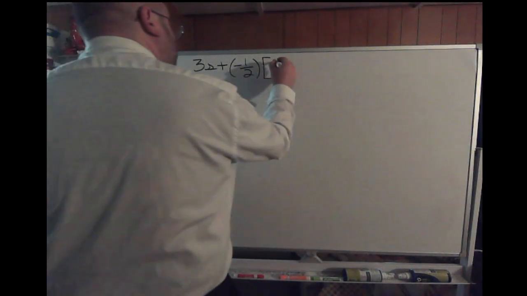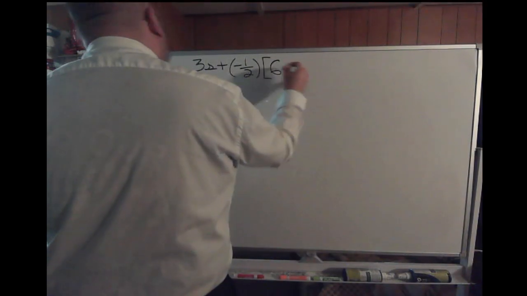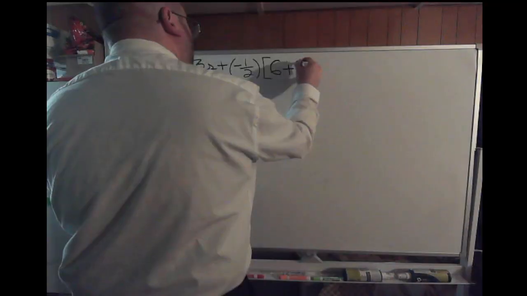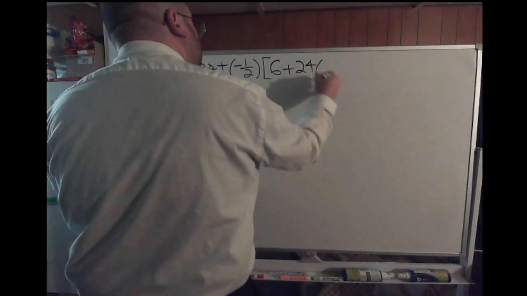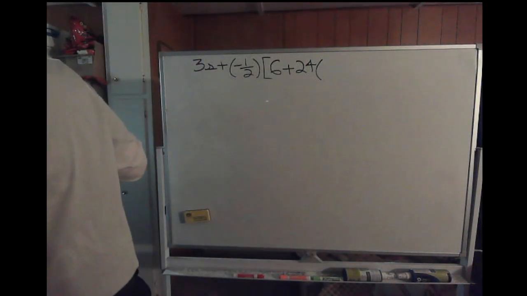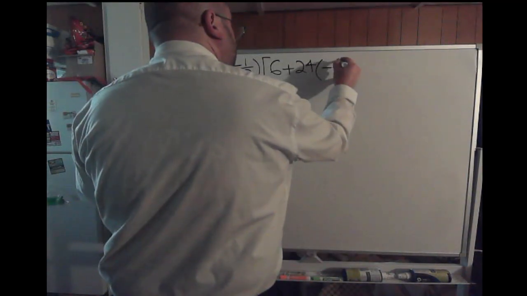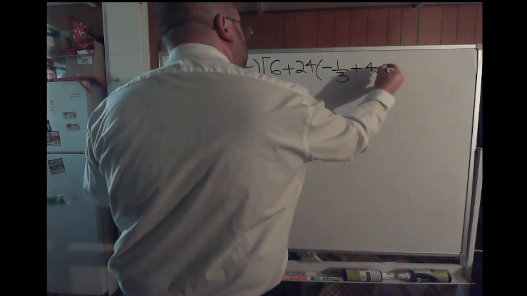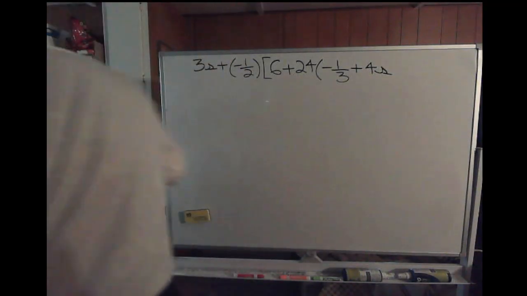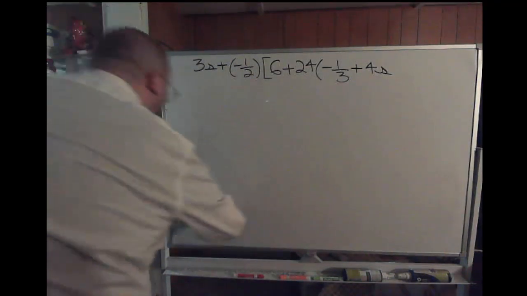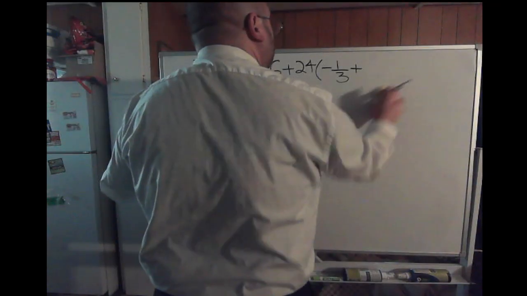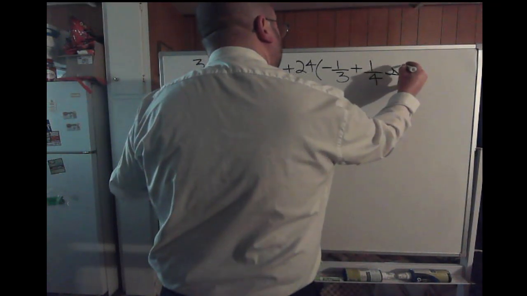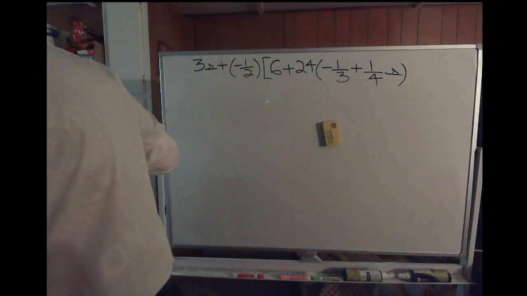You'll get 6 plus 24 times negative 1/3 plus 1/4 s. How did I say 4s? It's supposed to be 1/4 s, excuse me. 1/4 s. And I think that's it for everything.